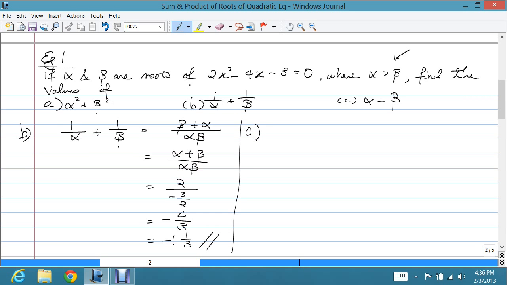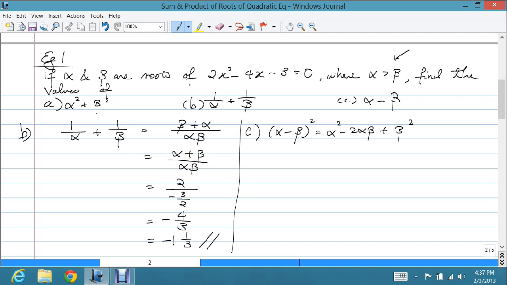Alpha minus beta. The approach for alpha minus beta is to first consider alpha minus beta squared. Why? Let's take a look. If I have alpha minus beta squared, when I expand, I get alpha squared minus 2 alpha beta plus beta squared.